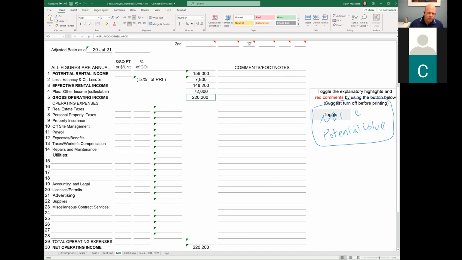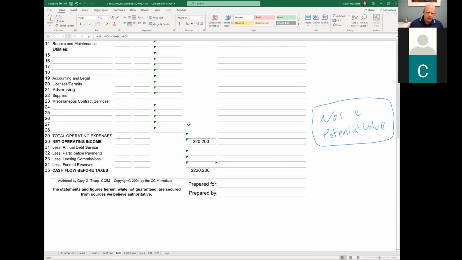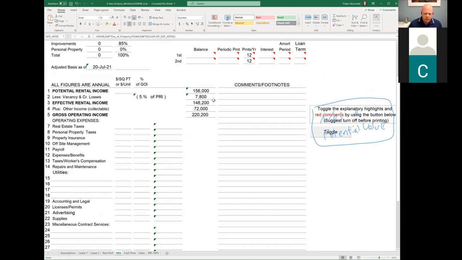You've got your pass-through income, which should be counted, and you've got your other income, which doesn't. So let's just hard code in that $72,000 of operating expenses, and now we're left with $148,200. Interestingly, that is the same amount as our effective gross rental income.